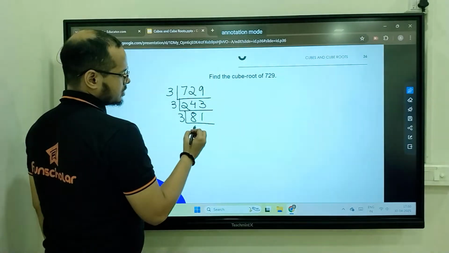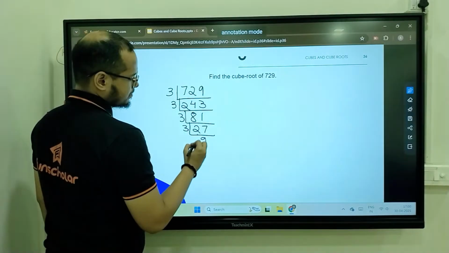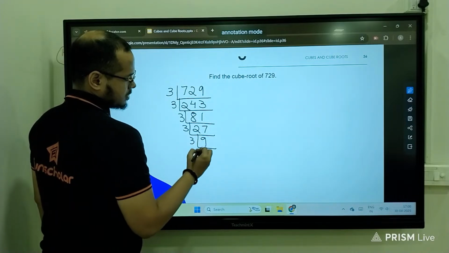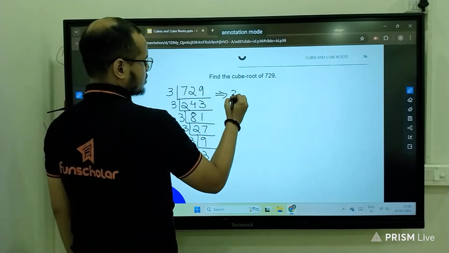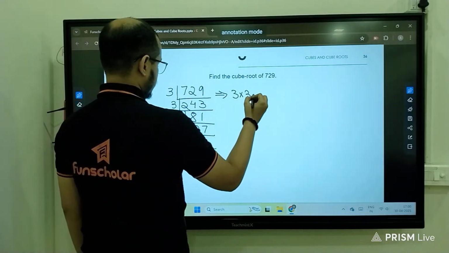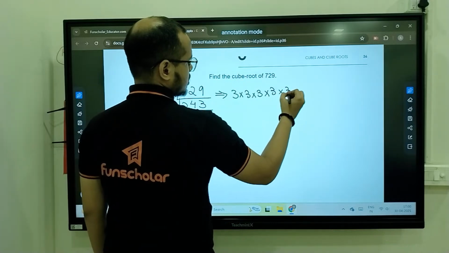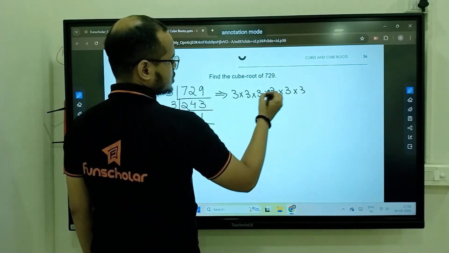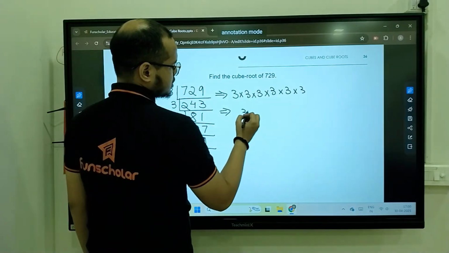81 is going to be divided to 27. Then 9, 3, 3. So let's count the number of 3s that are here. So 729 is actually equal to 3 into 3 into 3 into 3 into 3 into 3. 1, 2, 3, 4, 5, 6. So that is 3 to the power 6.